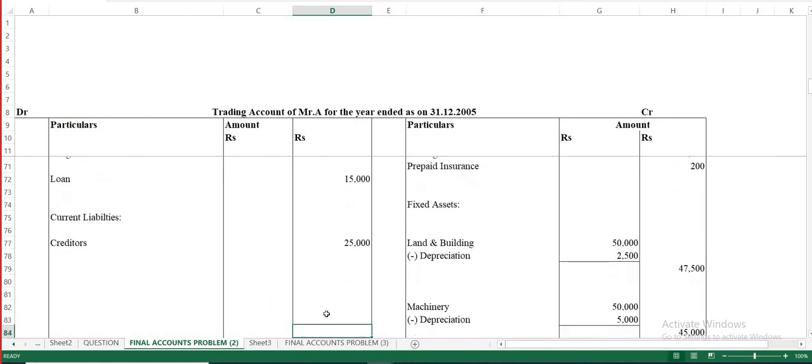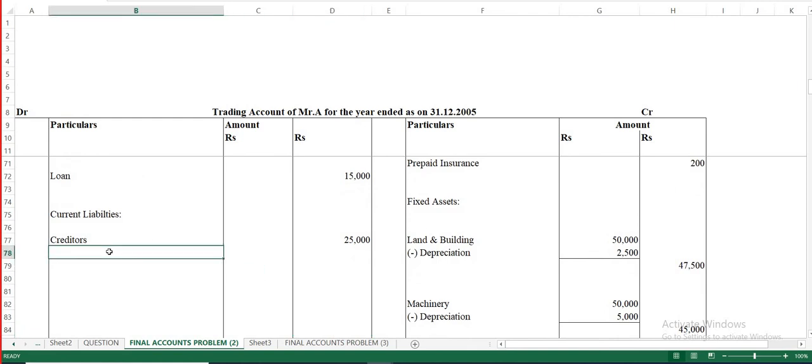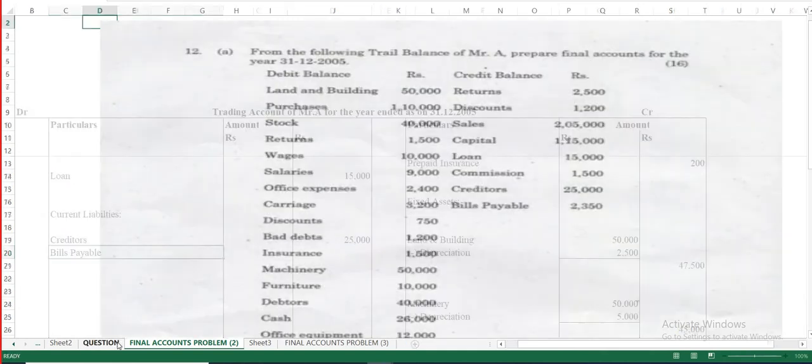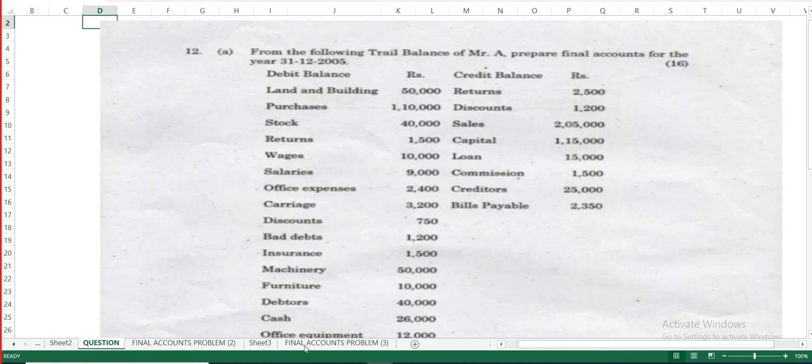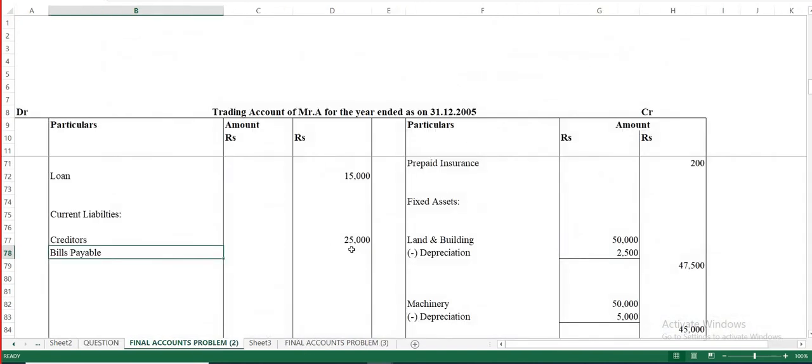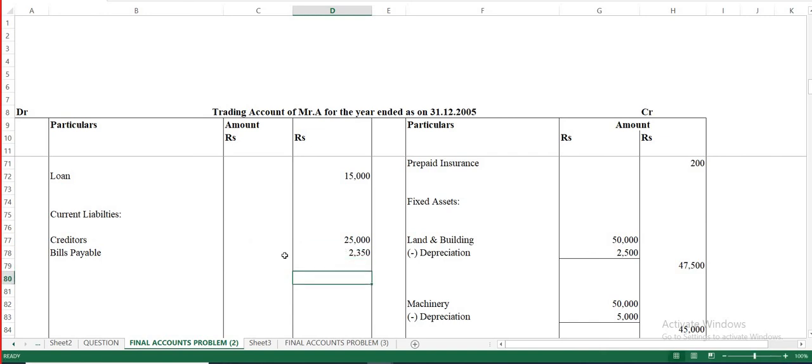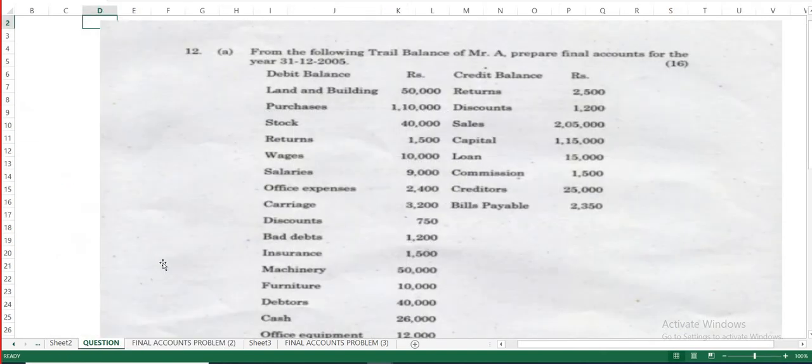But here we don't have any provision for discount on creditors, so just leave it. Bills payable you have to enter. I think it is 2,350. So we have to enter 2,350 here. Then find out anything else under current liabilities.